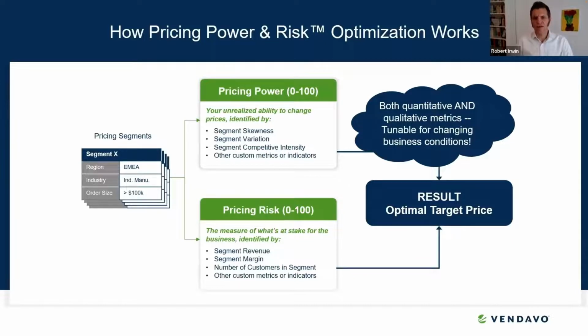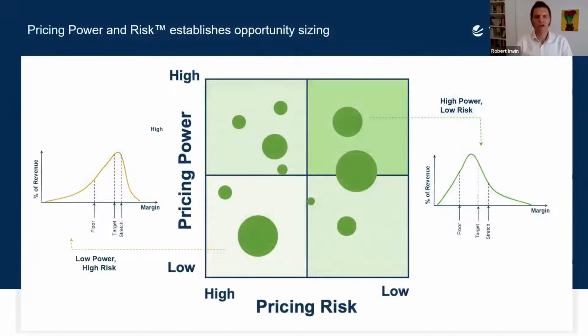With that, then, we have a strategic map. And conceptually, what we are doing is looking at the trade-off between pricing power and pricing risk. So intuitively, I understand that where I have high pricing power, I have high ability to raise prices, and the risk is low.